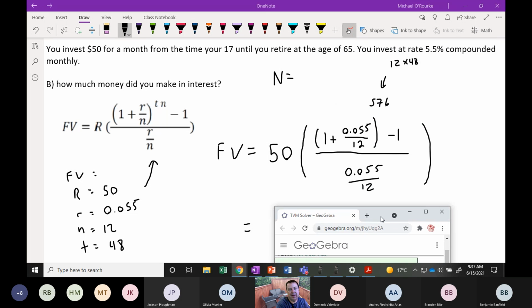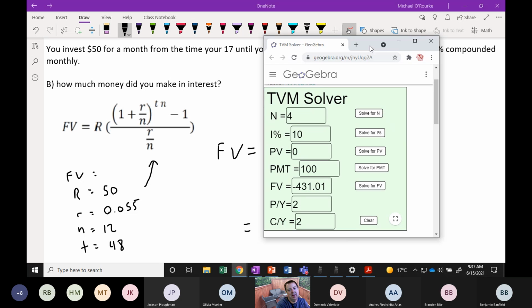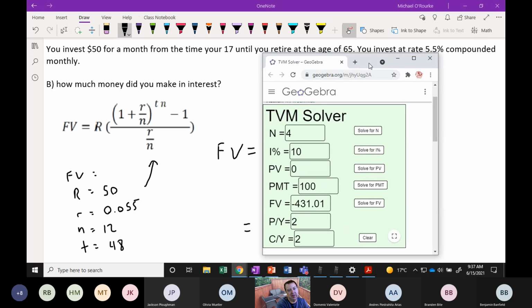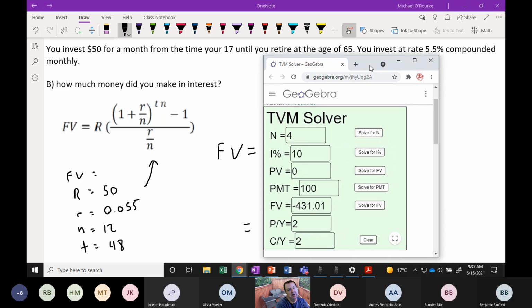You get a 90% on your assessment for that. If you just use the TVM solver, and you can't write that down, like you don't know how to fill in that formula, but you can fill this out, let's say 85% if you can do that. Okay.